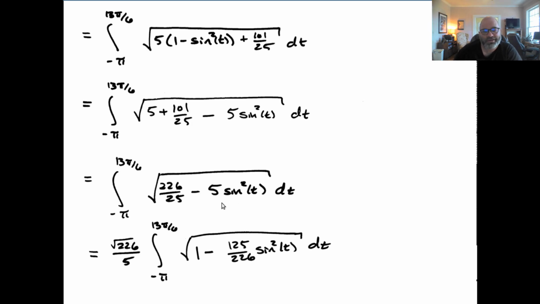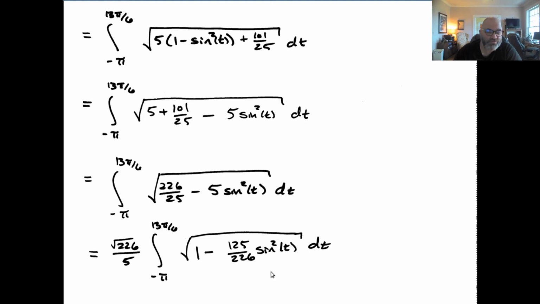The last step is to factor out this 226 over 25 from underneath the radical. We get the square root of 226 over 5 on the outside, and then the square root of 1 minus 125 over 226 times sine squared.